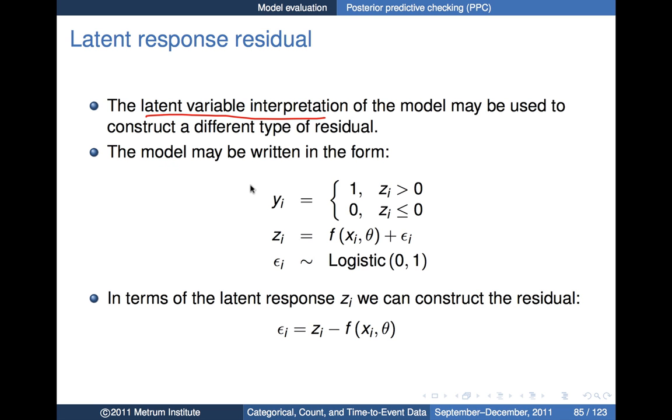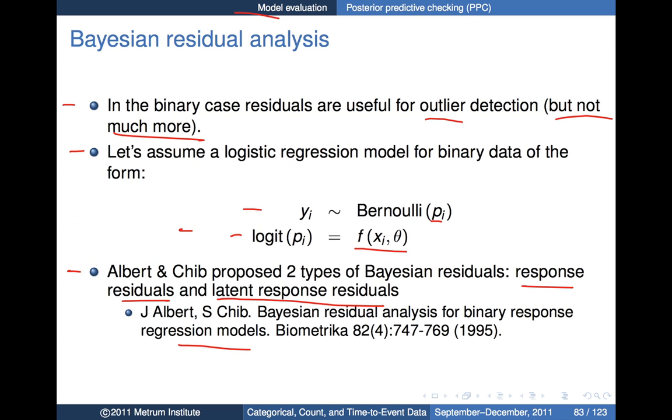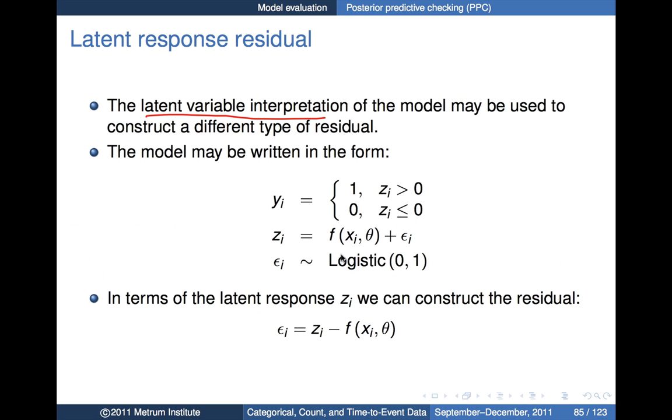So what we're going to do is write the model in a different, but equivalent, form. Recall here we've got our yi as Bernoulli with this probability pi, and the logit of that probability is this function f. That same function is going to come into play, but we're going to write the model differently.